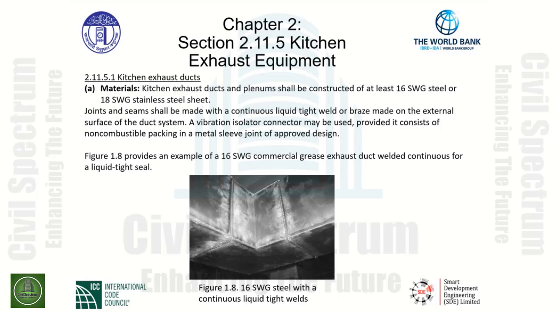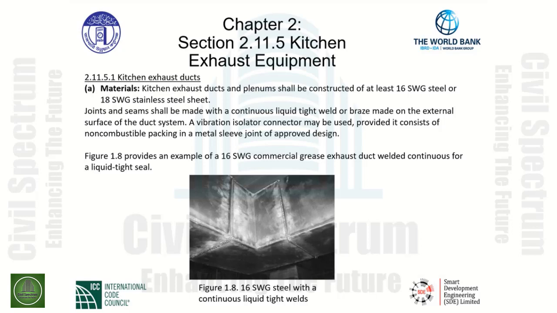Joints and seams shall be made with a continuous liquid tight weld or braze made on the external surface of the duct system. In addition, a vibration isolator connector may be used, provided it consists of non-combustible packing in a metal sleeve joint of approved design.